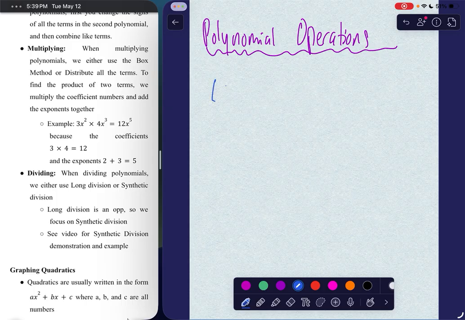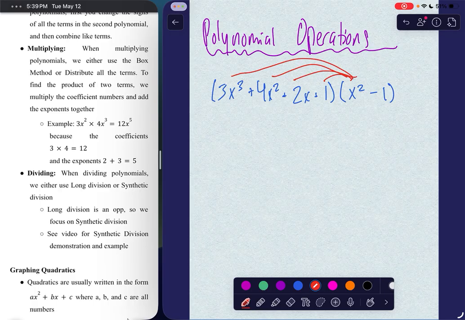So let's say we have 3x to the 3 plus 4x squared plus 2x plus 1 times x squared minus 1. Okay, so if we are doing just the distributing method, then that means we have to distribute everything to everything, right?